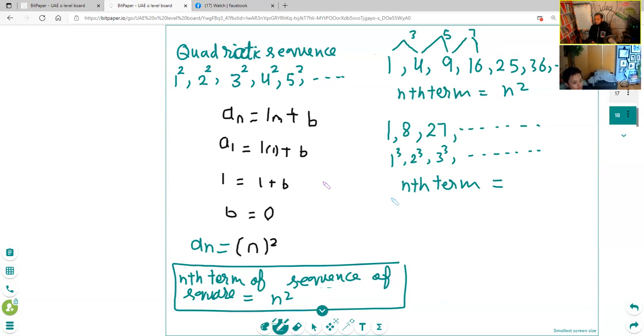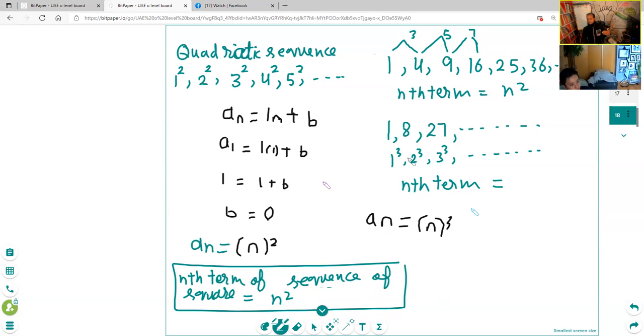Another term of the cubic sequence, a number to the power 3. It is also the same. There is no need to find it. Yes, good, n cube. We will take only cube.